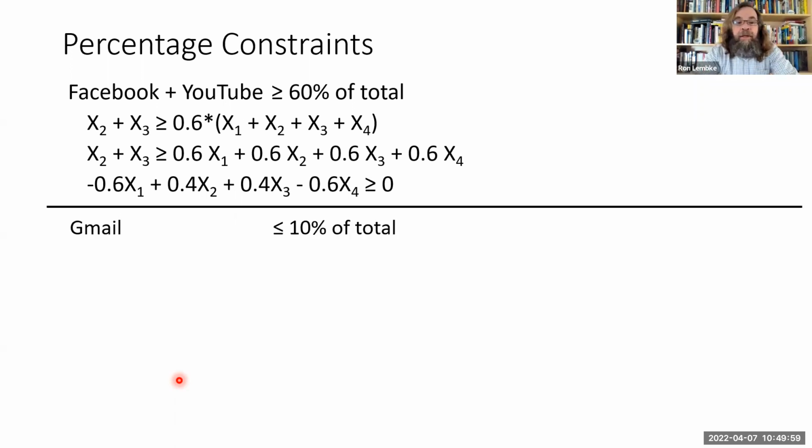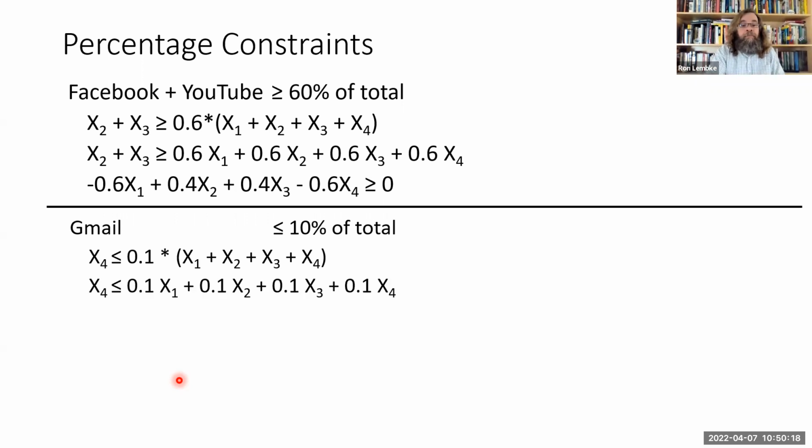Looking at the constraint that Gmail has to be less than or equal to 10% of the total, we're going to use the same exact approach. Gmail spending, so Gmail is X4. X4 has to be less than or equal to 0.1 times the total amount of spending. So multiply out that 0.1, and we have X4 is less than or equal to 0.1 X1, 0.1 X2, 0.1 X3, 0.1 X4.